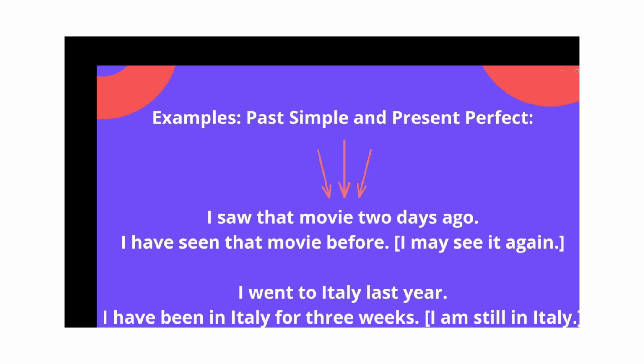Okay, so now it's time for example sentences. I saw that movie 2 days ago, but I have seen that movie before, and I may see it again. I went to Italy last year, and I have been in Italy for 3 weeks, and I'm still in Italy.